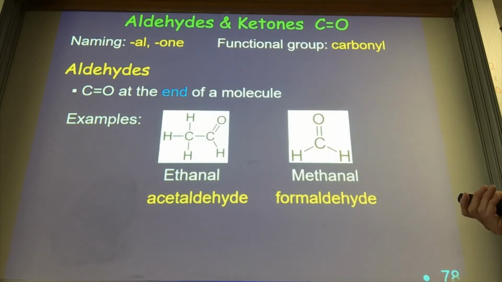Aldehydes have got a carbonyl group on the end of the molecule, so with two carbons, that is going to be called ethanal, the naming convention. One carbon has to be on the end of the molecule, of course. Methanal. Now these are much more commonly known as acetaldehyde and formaldehyde.